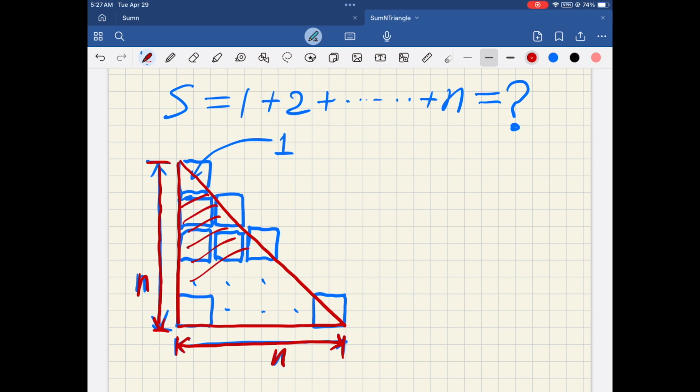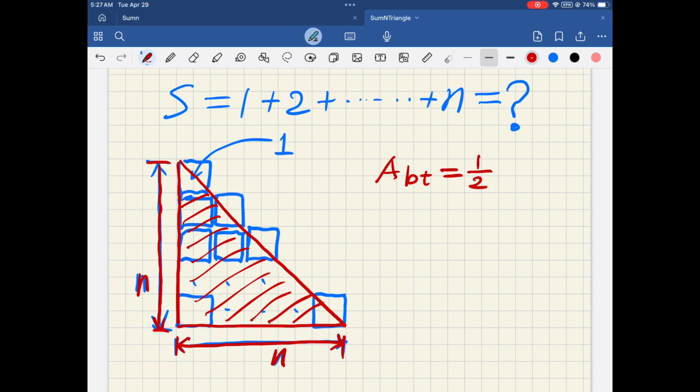What's the area of this large red triangle? The area of any triangle is 1/2 times base times height. So, for our red triangle, the area is 1/2 times n times n, which equals 1/2 n squared. Let's write that down. Area of big triangle equals 1/2 n squared.